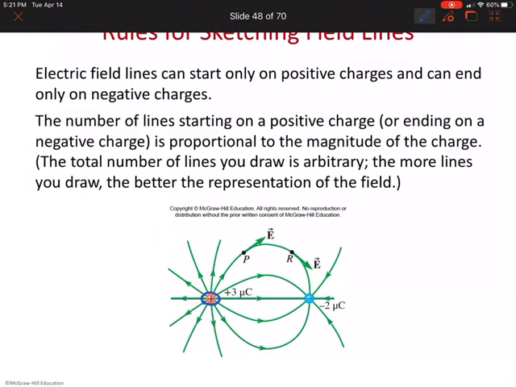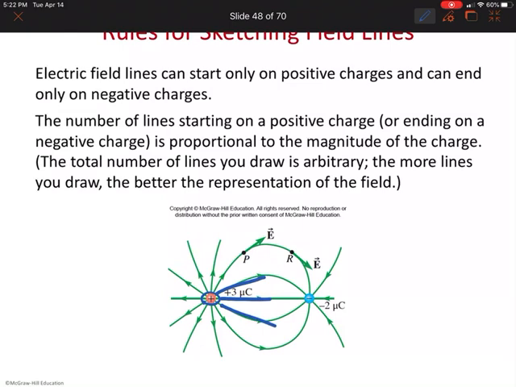And see how this +3 is a little bit bigger of a charge than this -2, so it's got some more field lines coming out of it than the -2 gets. You can also see that these lines are never intersecting. It's impossible for them to do that, so whenever you're drawing it, it has to be where they do not intersect.